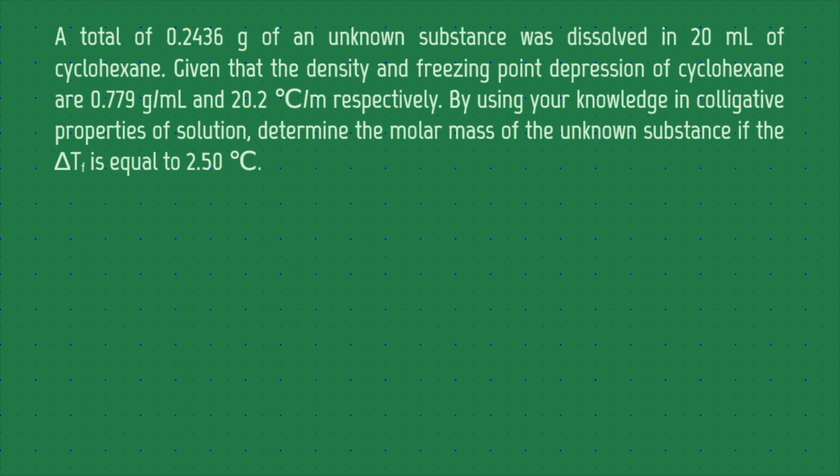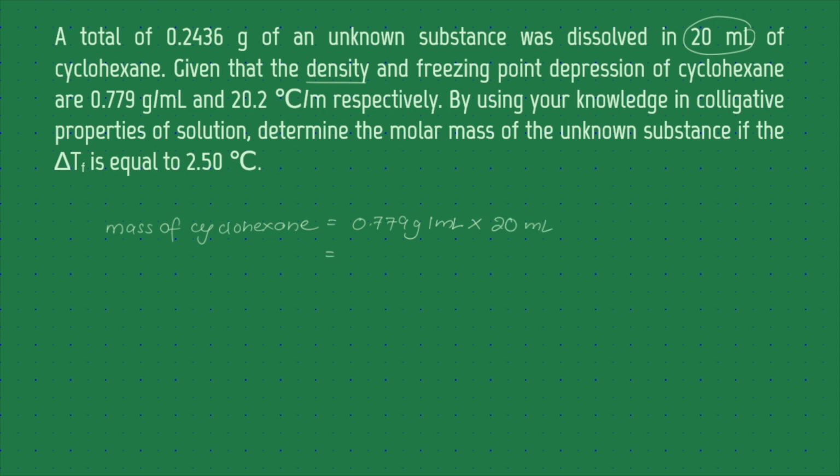So first up, we are going to find the mass of the cyclohexane, because given to you is the density of the cyclohexane. So the mass of cyclohexane is equivalent to the density, which is 0.779 gram per ml, times the volume of the cyclohexane given in the question, which is 20 ml.